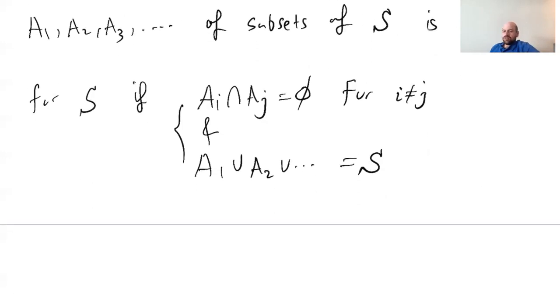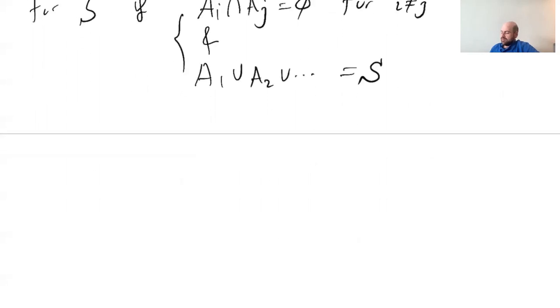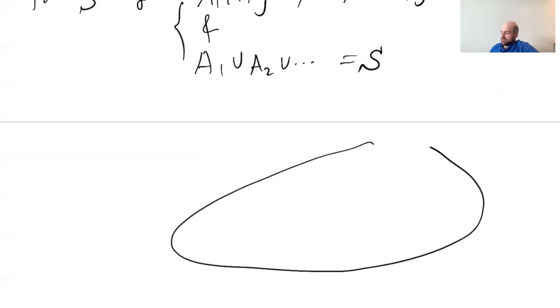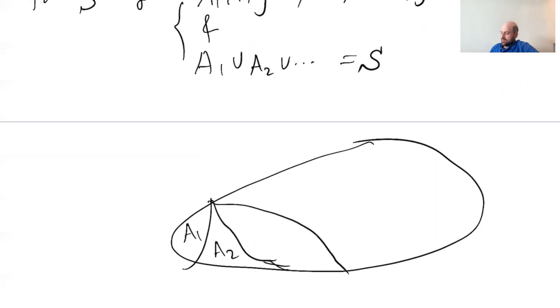So if you have a collection of subsets of a set which are pairwise disjoint, so any two of them that you consider have empty intersection. Here in this picture, if I consider any two sets like A1 and A2, no intersection, A1, A3, no intersection, A1, A4, no intersection, and so on, or A2, A3, A2, A4.